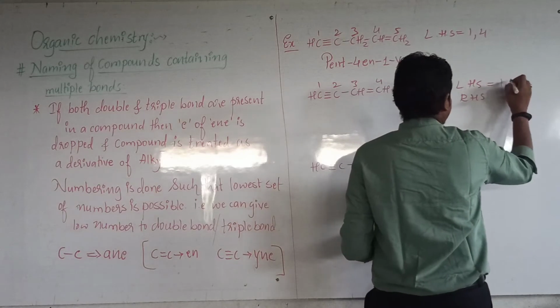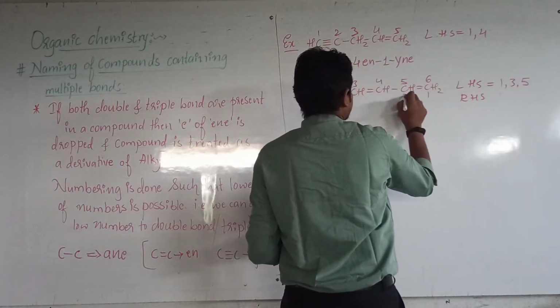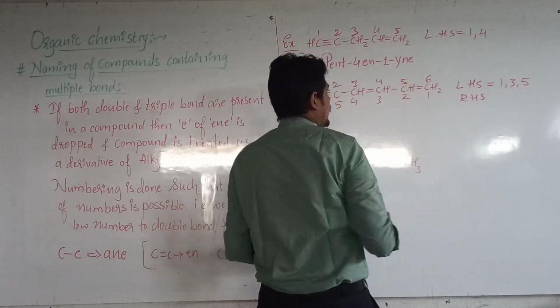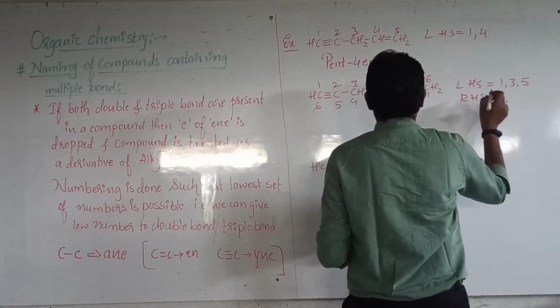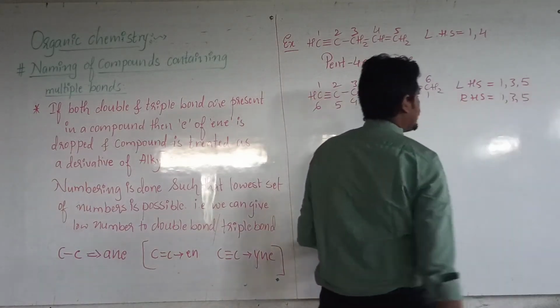From the RHS side, if I move 1 2 3 4 5 6, what numbers are you getting? 1, 3 and 5. Again we are getting the same.